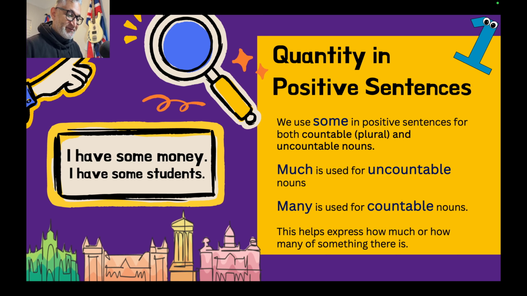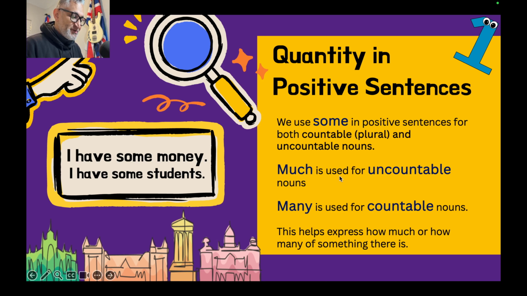Okay, I have some money, as you can see in the box here. I have some students. But take a look. Money and students are different words. Money has no plural. Students is in the plural. So you can see that this word is changed because the original one is student, but the plural one is students with the S, the letter S in the end, meaning plural in this case.